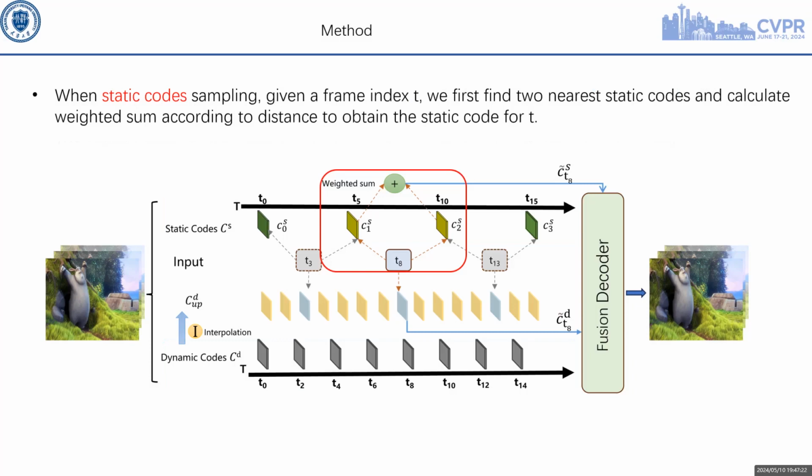In this way, the associated static content can be computed for each frame index, effectively sharing static information throughout the video. Additionally, the sparse codes design also helps compress redundant static information.